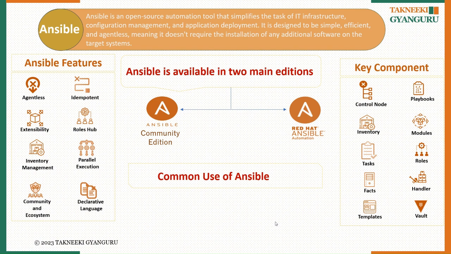And now we will understand the common uses of Ansible. So first use is configuration management. Configuration management is basically when we have to configure the system, like we have to do hot fixes, patch the systems, or install some software. That is done through configuration management. So majorly Ansible is a configuration management tool, but we can also do task automation.